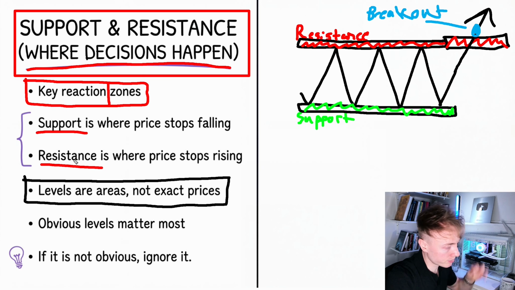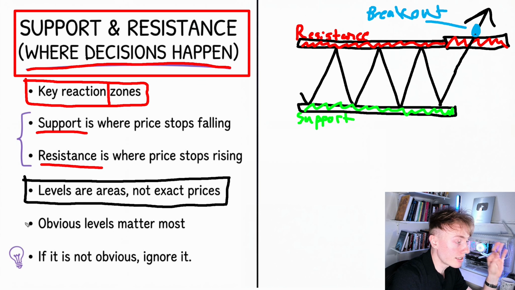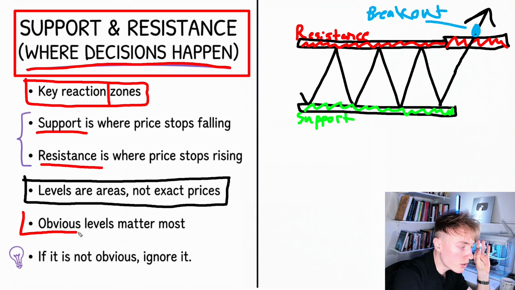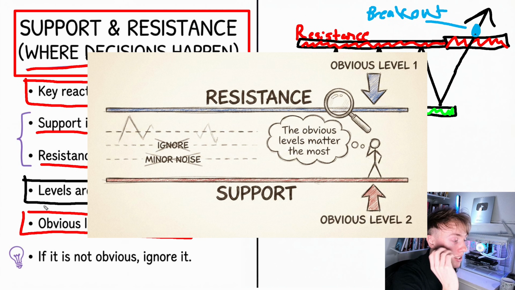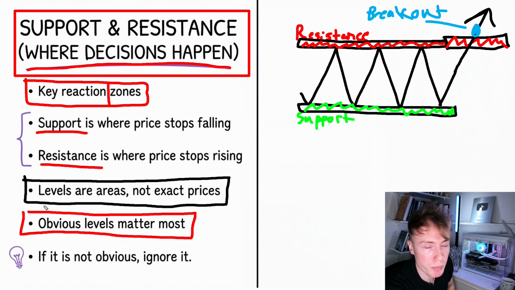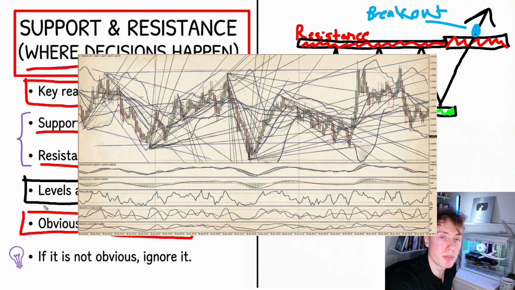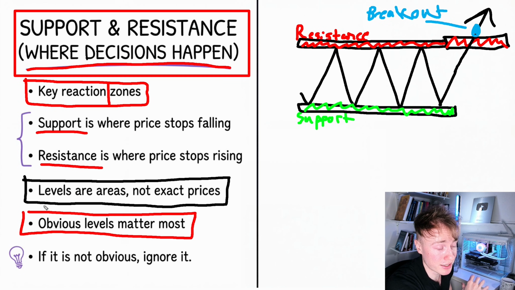And here, and this is very important, when it comes to support and resistance, the obvious levels matter the most. A super common mistake that beginners make is that they draw way too many support and resistance levels on the chart, and that just makes the chart harder to read.